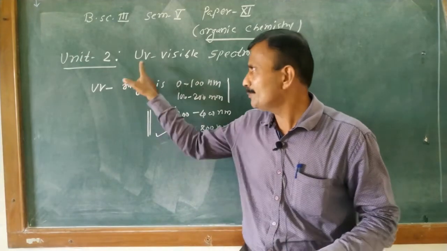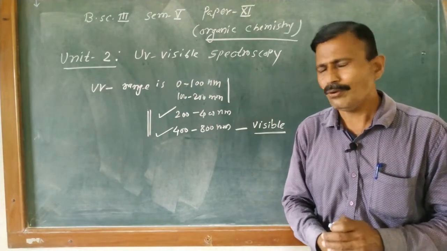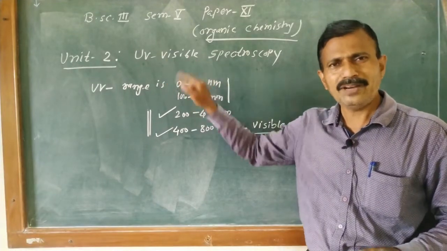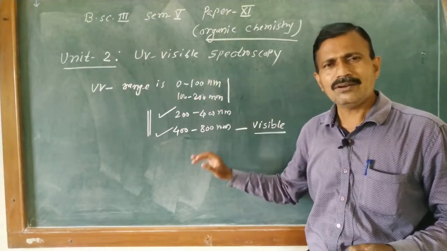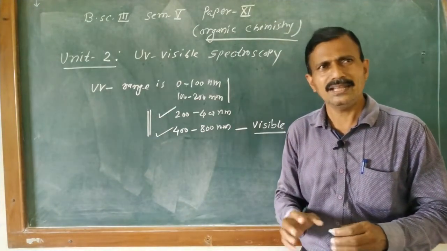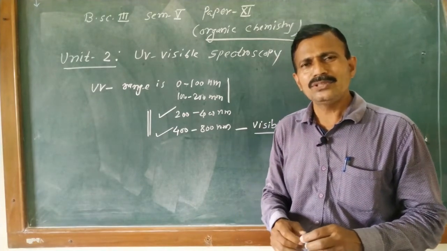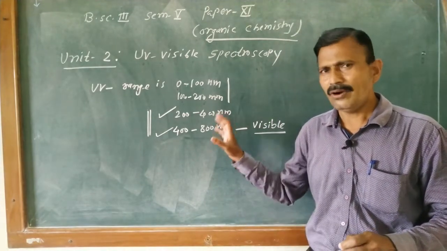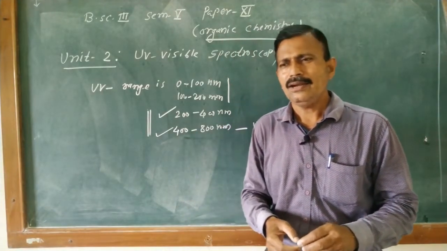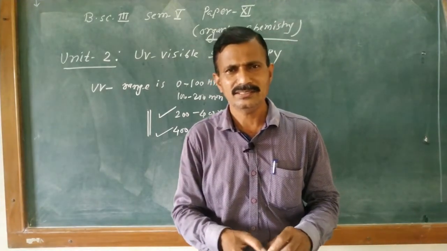This UV visible spectroscopy is also known as electronic spectroscopy because most of the time when these radiations interact with matter, they excite electrons from the lower energy ground state to the higher energy excited state, and ultimately they give us information regarding the bonding associated with an unknown molecule, and we may infer information regarding the unsaturation characteristic.